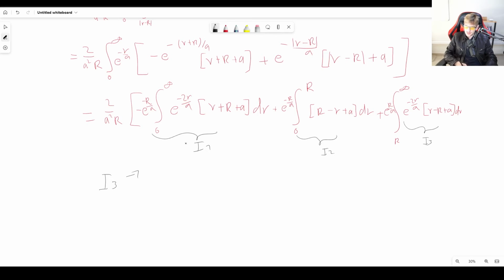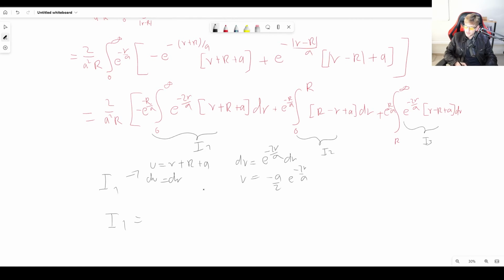I1 we can solve as before by using integration by parts. So let's say u will be r plus big R plus a, du will be dr, and dv will be e to the minus 2r over a dr, and v will be minus a over 2 e to the minus 2r over a. Sorry, I don't know why I wrote I3, I meant I1.